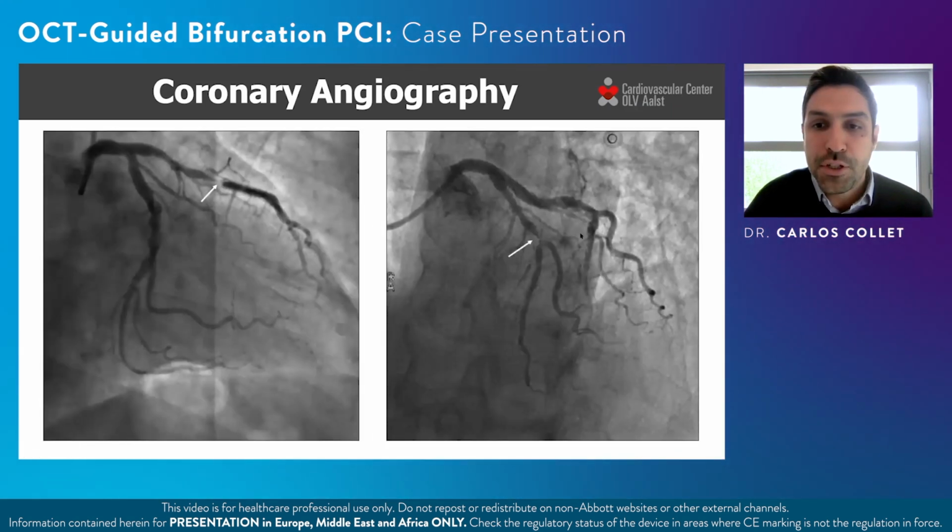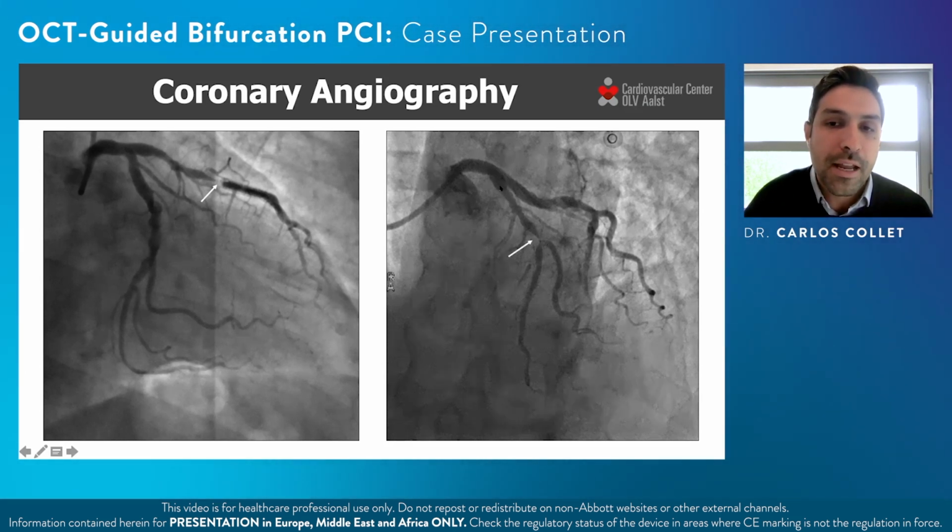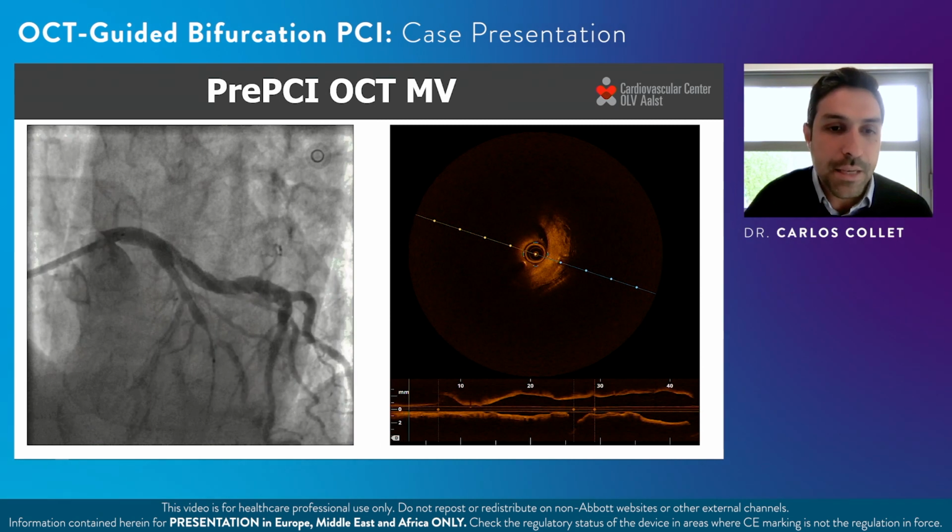This is the still image to appreciate a little bit better the morphology of this severe angiographic stenosis, which has the very minimal luminal diameter at the level of the bifurcation. But if you go also proximally in the LAD, you will see that the disease comes from the proximal part of the vessel, almost from the ostium of this LAD.